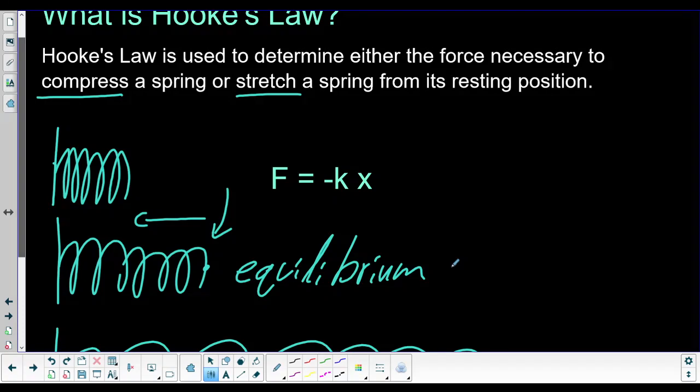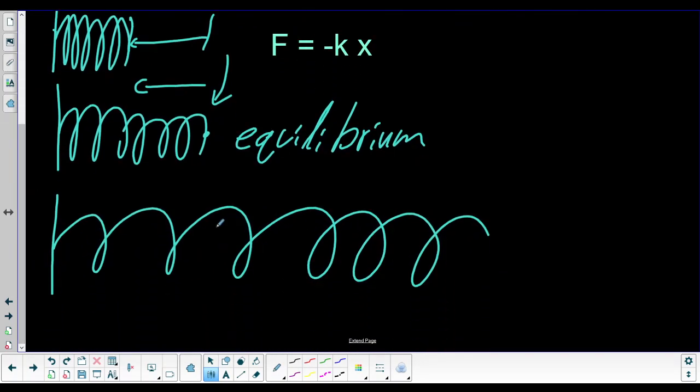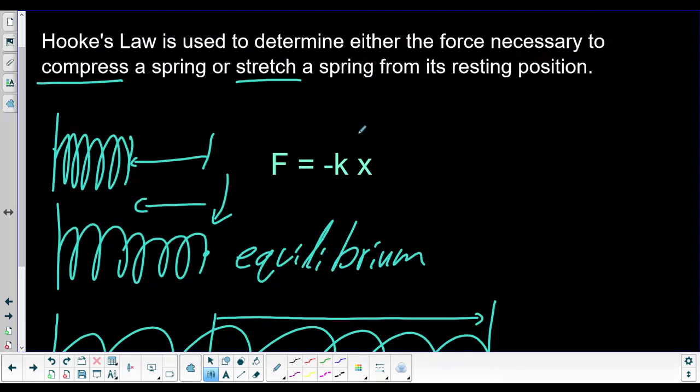So we have this thing called Hooke's law that will tell us how hard we have to push to squish this much, or how hard we have to pull on it to get it to extend this much. Hooke's law: the force required to either compress the spring or stretch the spring is equal to negative kx.